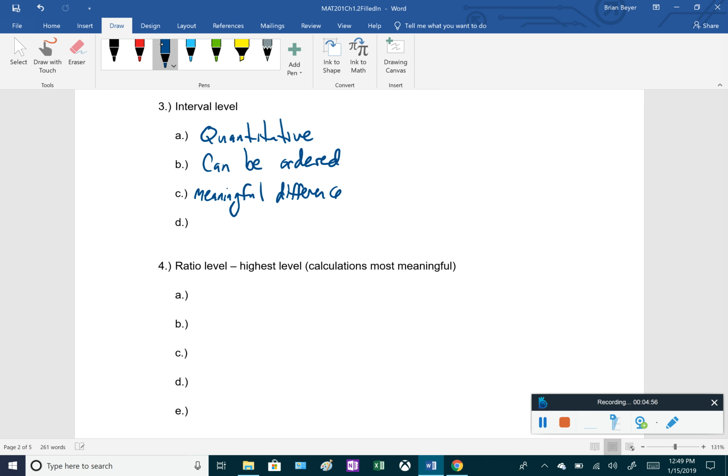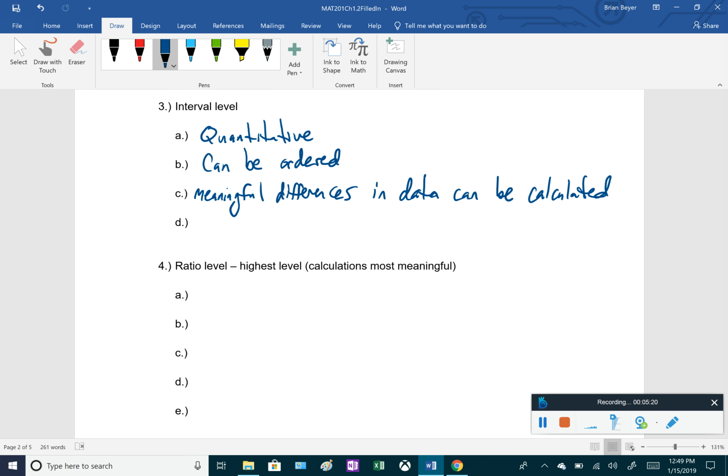So meaningful differences in data can be calculated. Differences essentially meaning, since we're dealing with numerical entries, that we can subtract two values and it actually means something, which we'll see when we get to an example.